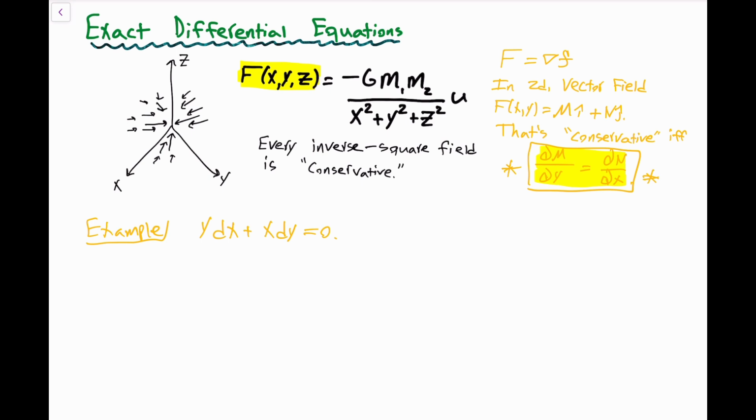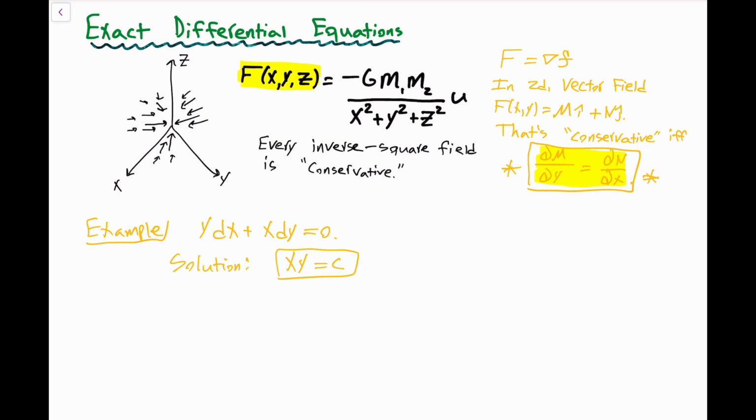Moreover, the differential equation is equal to 0, which is also important. And I'm going to tell you the solution from the outset in this case. It's xy is equal to c. It's always going to be of that form, where it's equal to some arbitrary constant. In multivariable calculus, what will that look like if we graph that? It will be a level curve. So the solution to an exact differential equation is going to be some level curve.